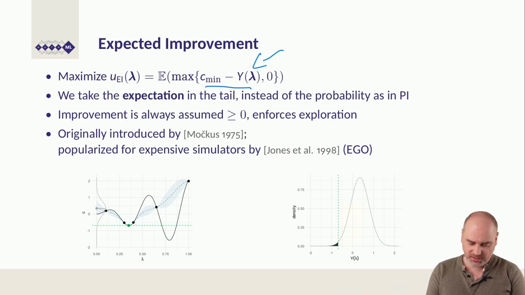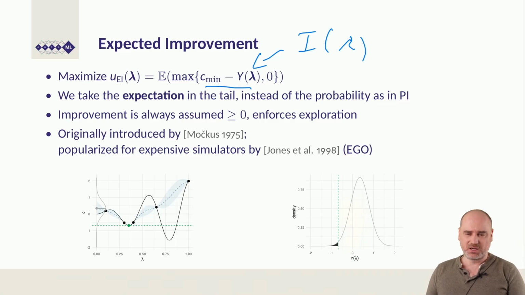We could call this difference y_i of lambda, the improvement, and then take the expectation of that. Unfortunately, although that seems very natural, you can show something very easily by just looking at linearity of expectation.